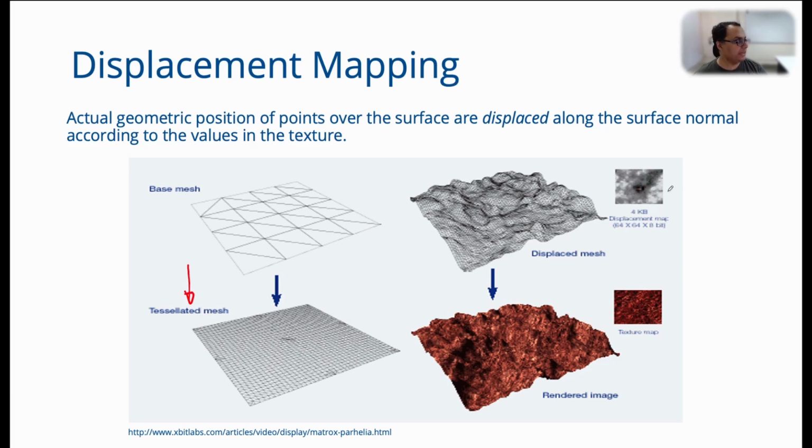Then a displacement map is simply a height map where every pixel intensity just records the height or depth of that pixel. So you can assume that if the pixel is colored, say, darker than the mean gray level, then that pixel represents a dip in the height.